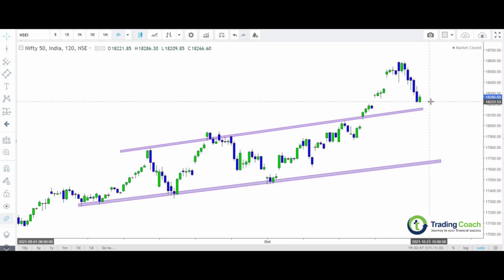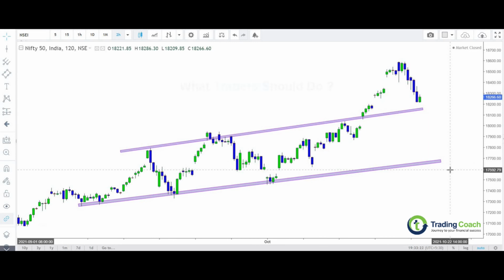Even though I'm not expecting it, there is a possibility it may happen if we see some big positive surprise. Or else what I'm expecting for Nifty is either a sideways correction all the way below 18,000 or below 17,700 depending on the price action, or a sell-off in the market for the next couple of months.